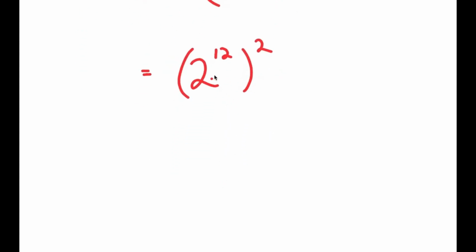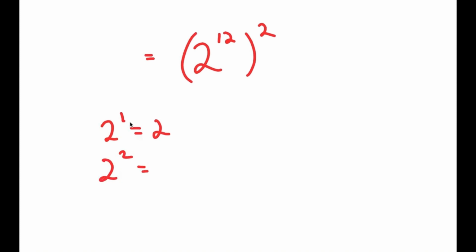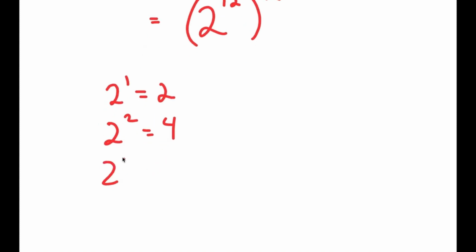And for 2 to the power of 12, well, 2 to the power of 1 is equal to 2. 2 to the power of 2 is double of 2 to the power of 1, so 4. And 2 to the power of 3 is double of 2 to the power of 2, which is 8.